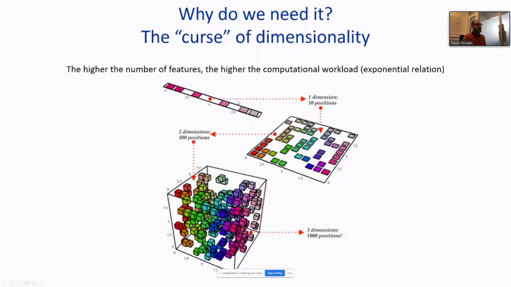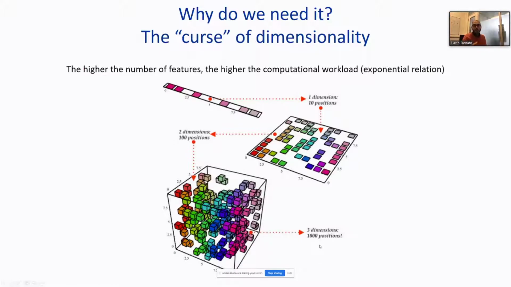If you have in a line, in one dimension, 10 different locations where your data can be, you have one dimension and 10 possible positions that describe your data sets. If you add one dimension and you have 2 dimensions where your data could be, you start to have 100 possible positions where your data sets could actually be. If you add the third dimension, what was 100 just 1 second ago has become 1,000.